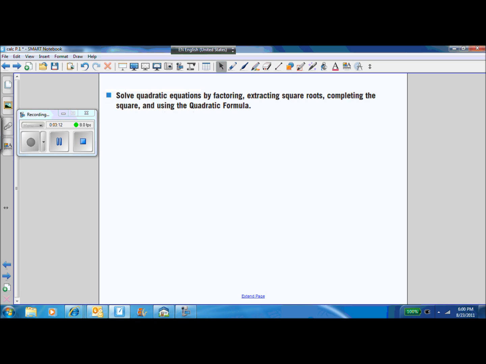Here we go. Solving quadratic equations by factoring, extracting square roots, completing the square, and using the quadratic formula. Four ways you can use to solve a quadratic equation. Let's start with factoring. Factoring is when you can easily factor it, like x squared plus 5x plus 6 equals 0.